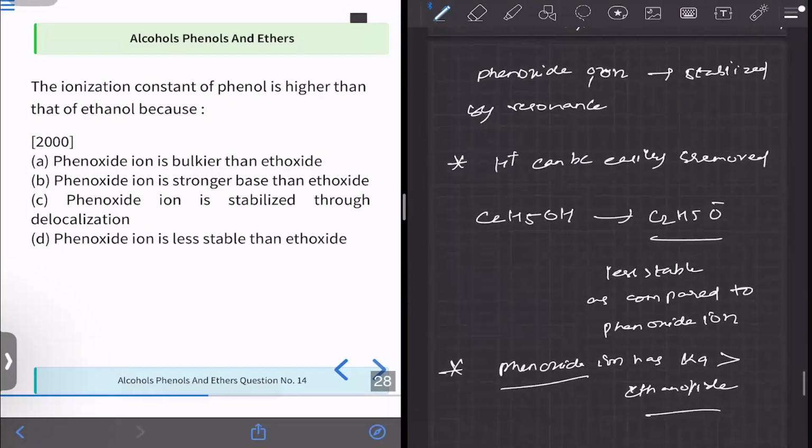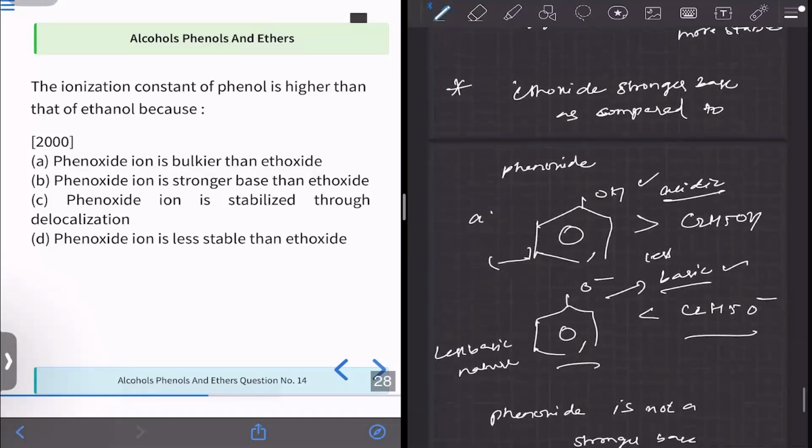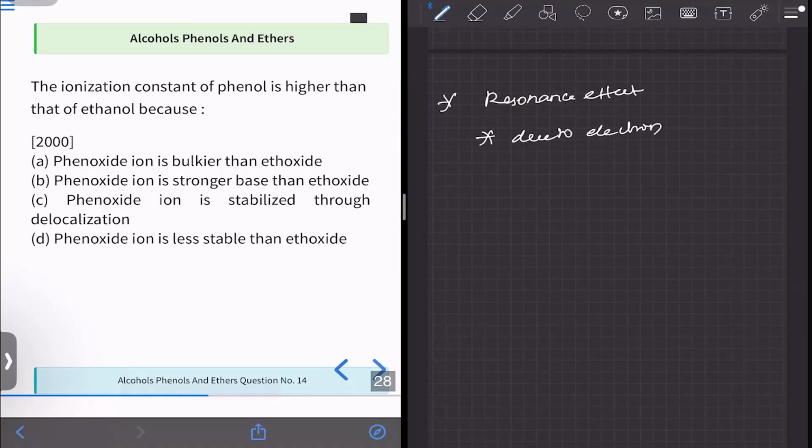If phenoxide ion were less stable, it should not have a higher ionization constant comparatively than ethoxide. So it will be option C. What is meant by resonance effect? Resonance effect is due to electron rich substance such as negative charge or presence of lone pairs.